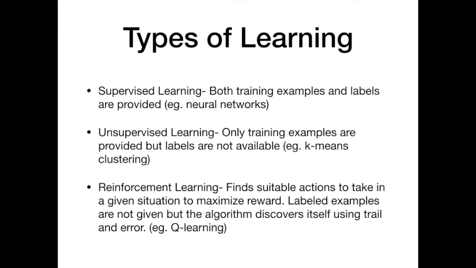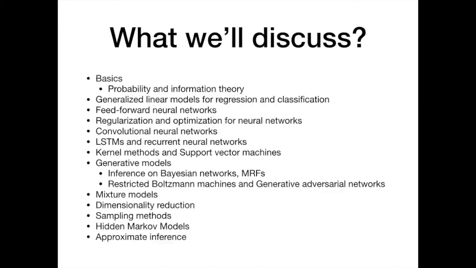Now let's talk about the various algorithms that we will cover during our discussions. We'll start with the basics, which will include probability and information theory. These are the prerequisites for understanding any machine learning algorithm, and we'll spend a considerable amount of time on these basics. With this knowledge, we will be able to move towards understanding generalized linear models for regression and classification.